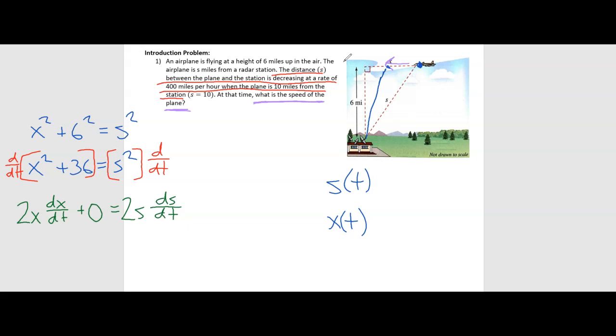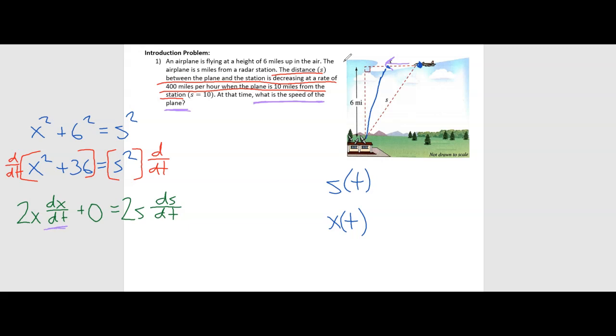And we know that ds dt is how quickly the distance between the plane and the station is changing. But that's not going to be the speed of the plane, right? The plane is moving horizontally. So the change in horizontal distance is going to represent the speed of the plane. So we are going to be solving for dx dt.